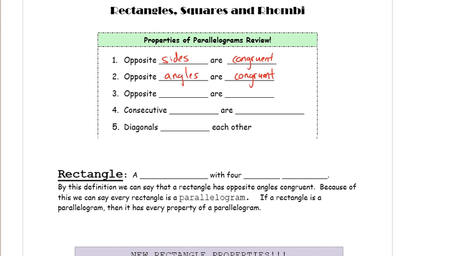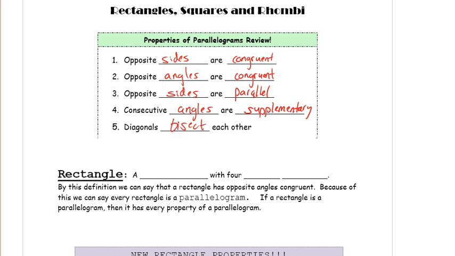We also know opposite sides are parallel. You can work ahead if you want, maybe figure out the next couple. Consecutive angles are supplementary, and diagonals bisect each other.